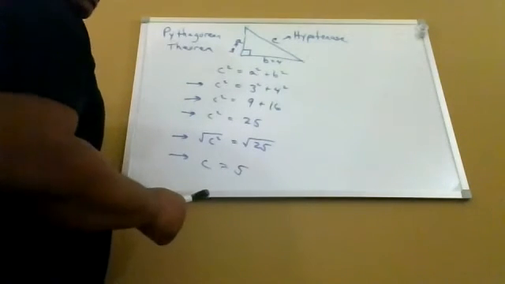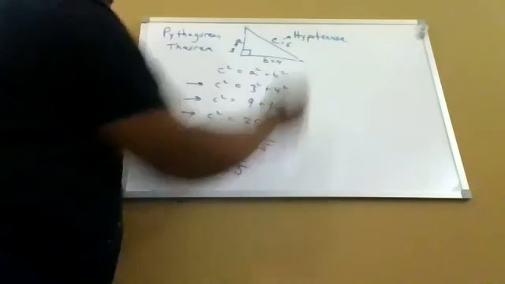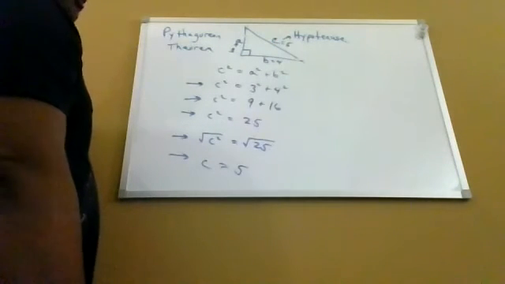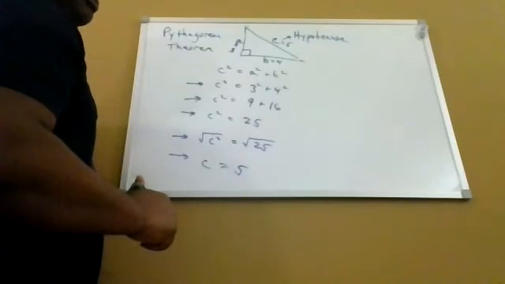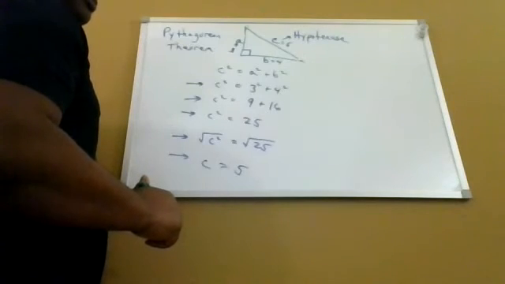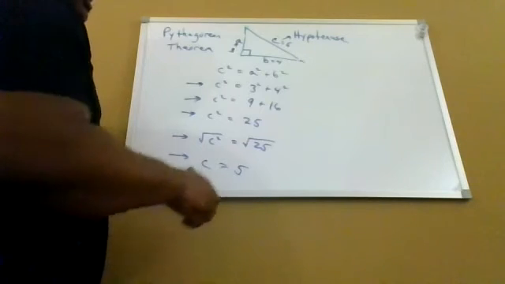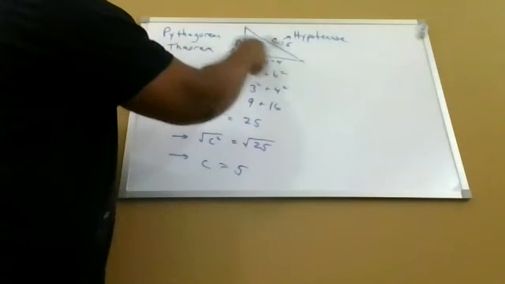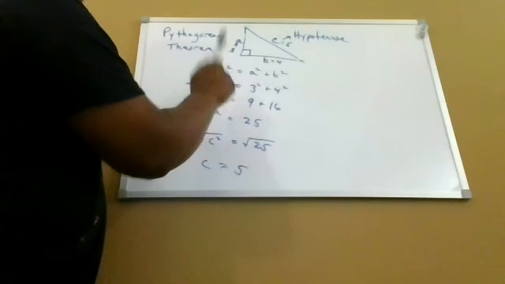So now we know that the value C is equal to 5. But let's work one more problem. And this time, we're going to be given the hypotenuse and one of the sides, and we'll have to solve for the other side.